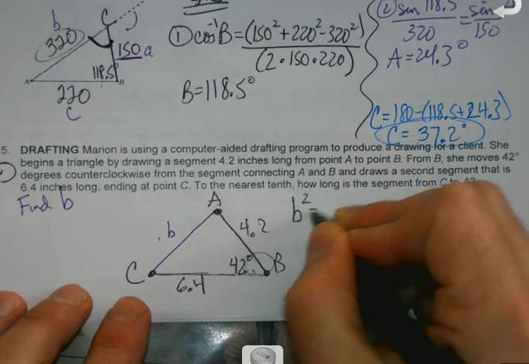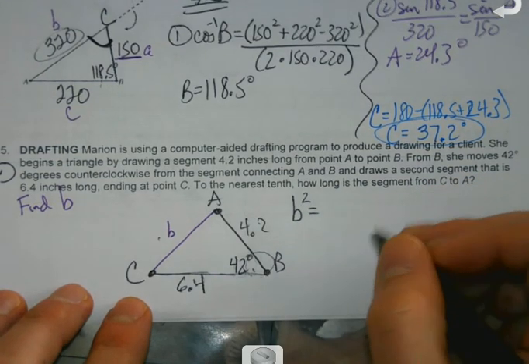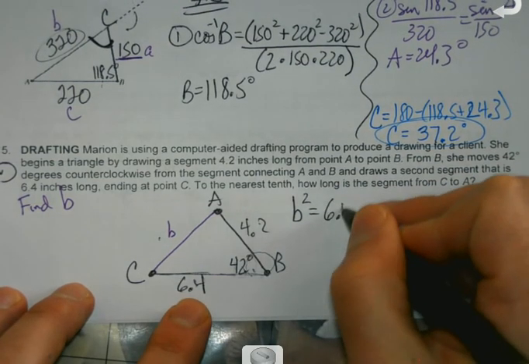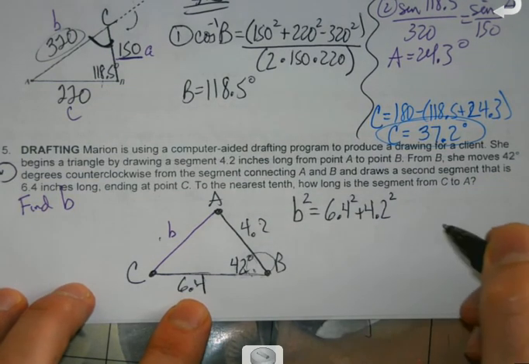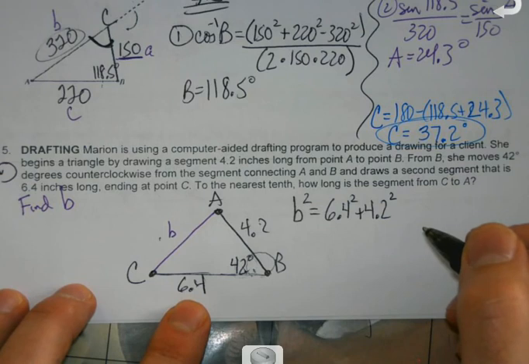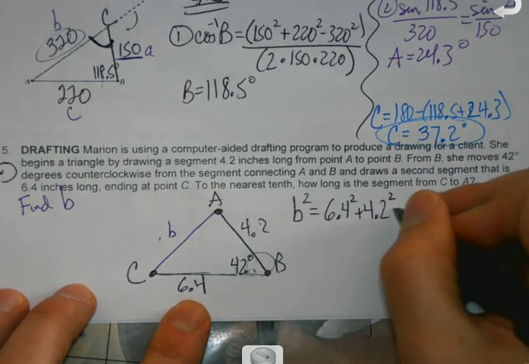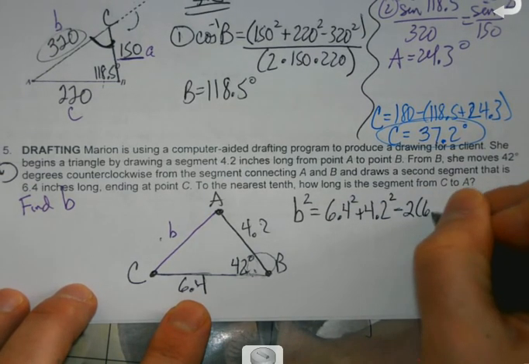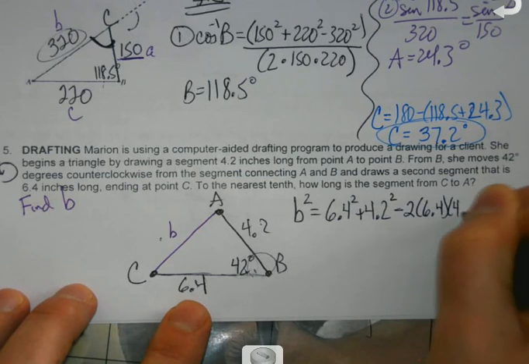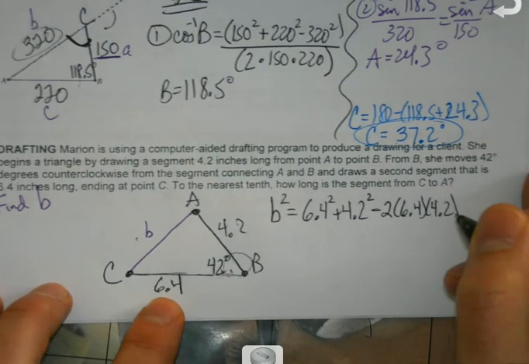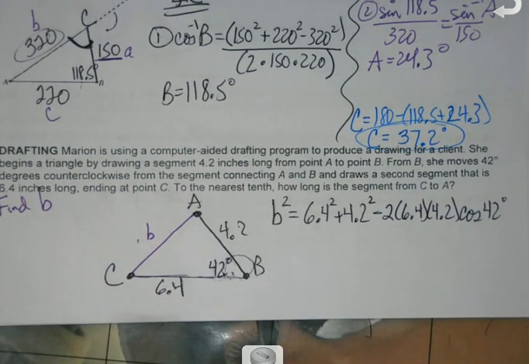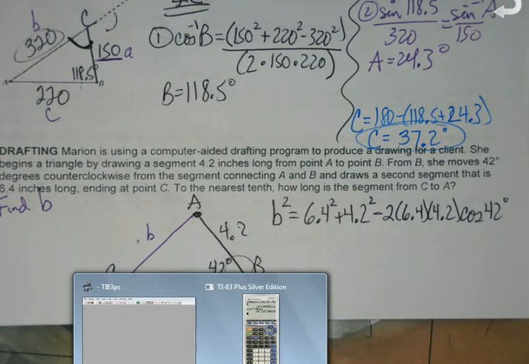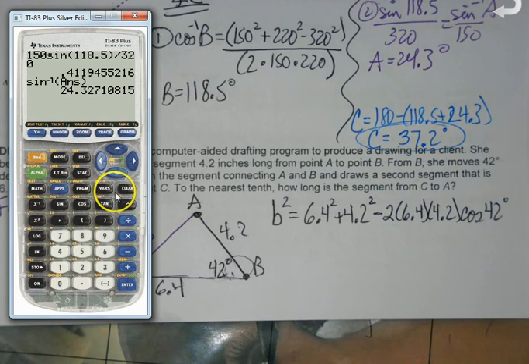So I go back to my formulas from the front of my sheet and I go, okay, I'm going to find b squared. So when I'm going through, again, I take the squares of my other sides. But this time it's not a fraction, remember, because I'm looking for the side, not the angle. So minus 2 times their product, times the cosine of 42. And the nice thing, I can slap that whole thing in the calculator and then just take the square root at the end.